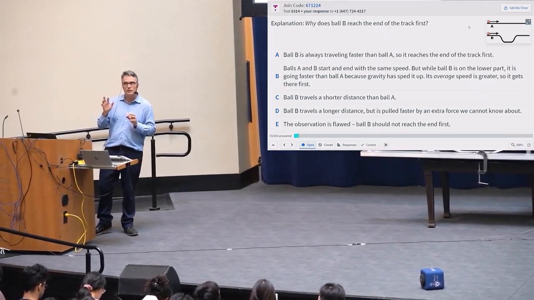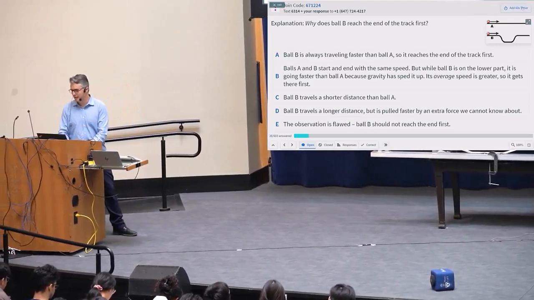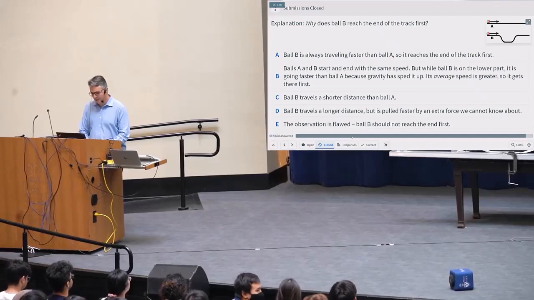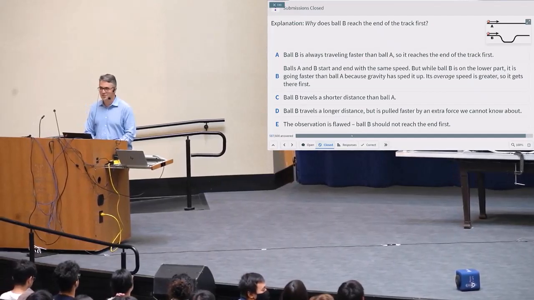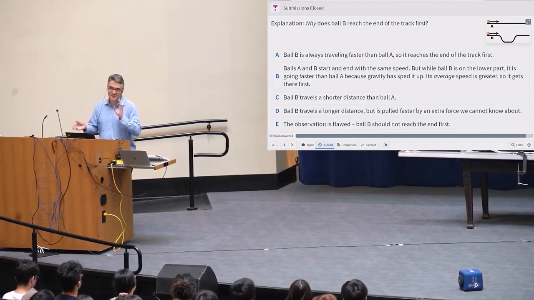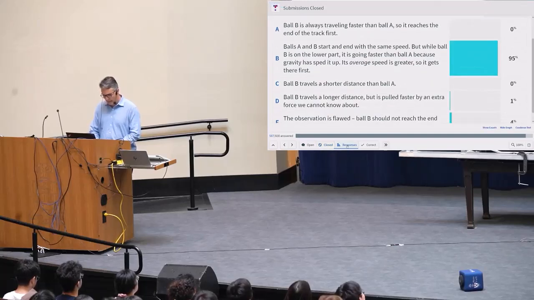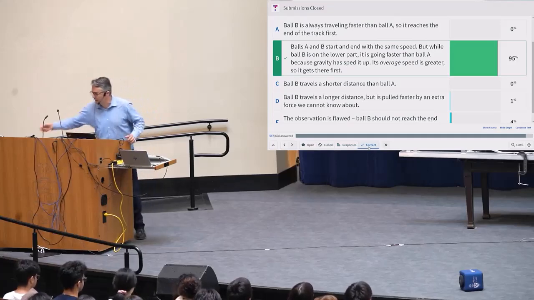I think 4 of them don't really make sense, and one of them I like a lot better. I've given this demonstration to a room full of physicists at the Canadian Association of Physicists, and it kind of comes out the same. A lot of people predict that they'll end up at the same time. So don't feel bad. B is the explanation I was liking.